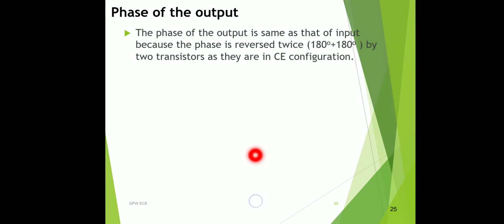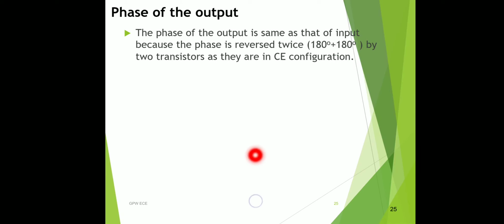This 180 degrees out of phase signal is applied to the next stage input. That means the second stage output is again 180 degrees out of phase with this applied input signal. That means there are two 180 degree shifts, so the phase difference between the input and final output is 0. That means they are in the same phase.